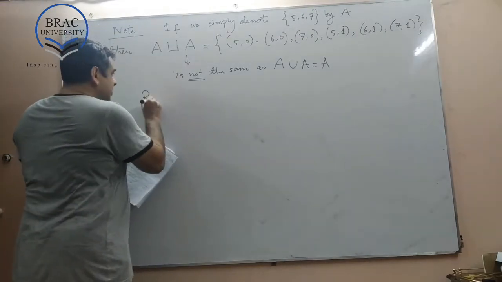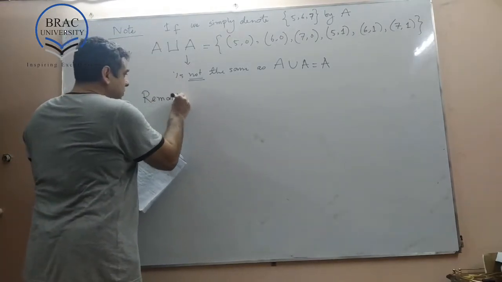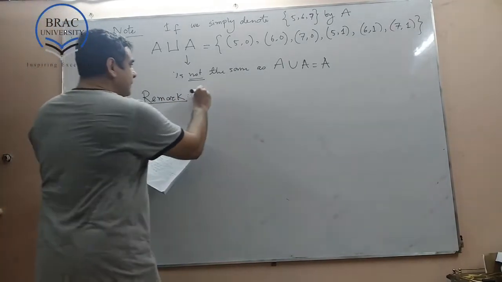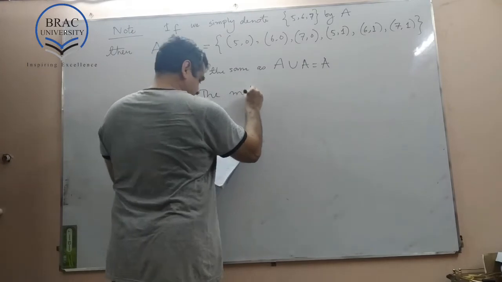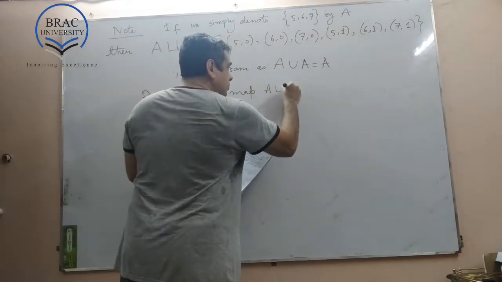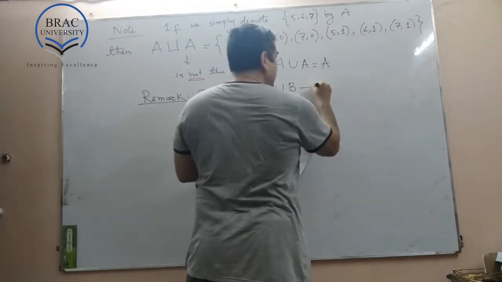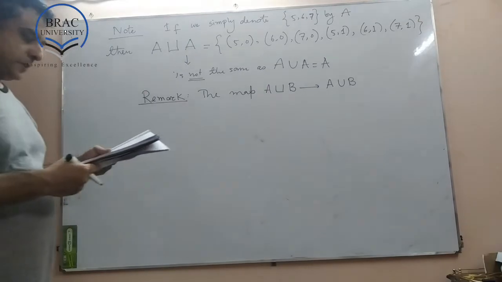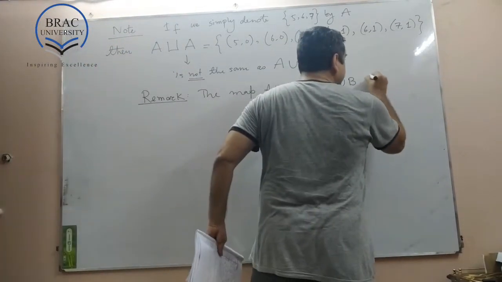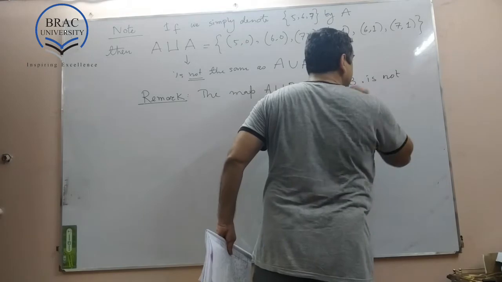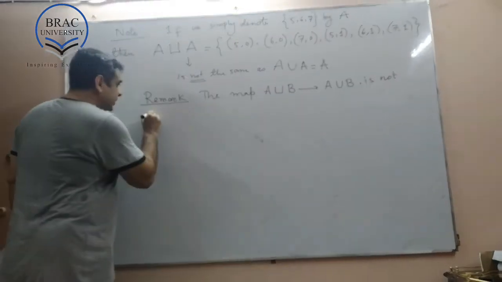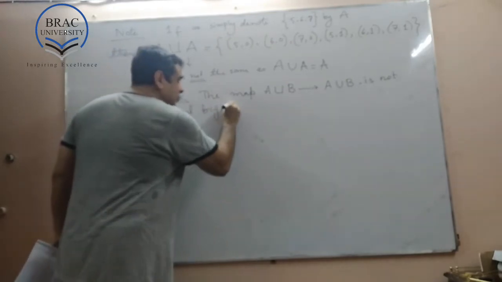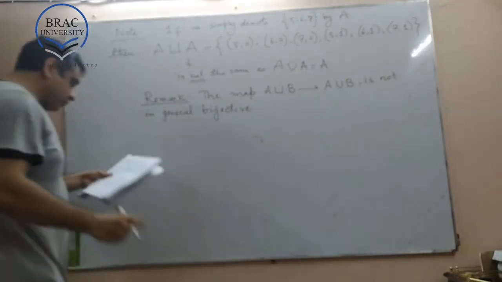So, in other words, let me highlight it in a remark. The map from the disjoint union of A and B to the canonical union of A and B is not in general bijective, so that there is no isomorphism between these two sets.